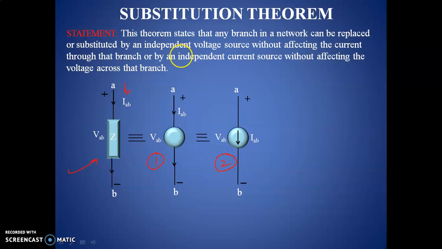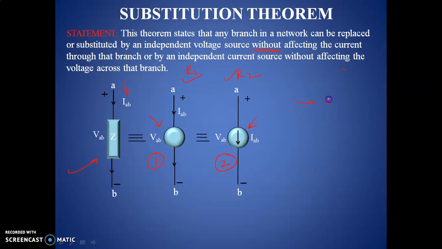This is the statement of this theorem, that any branch in a network can be replaced. It is replacement 1 and replacement 2 by an independent voltage source without affecting the current through the branch, or by an independent current source without affecting the voltage across that branch.